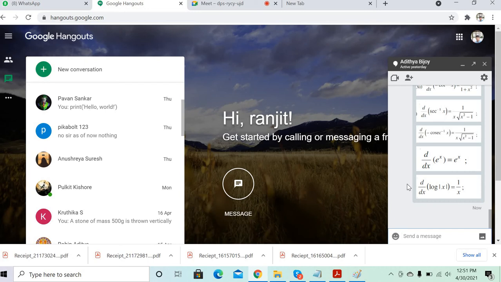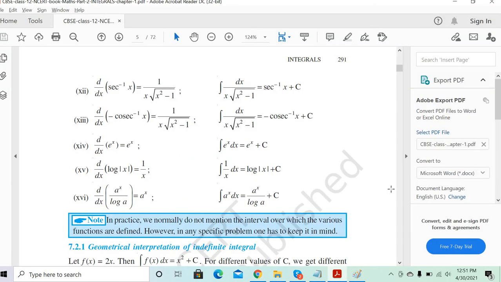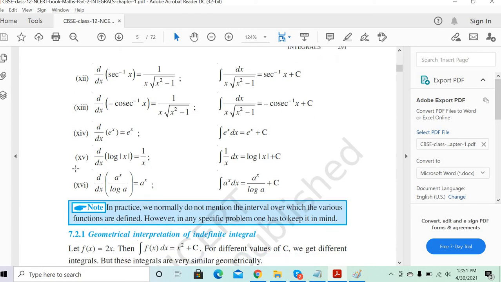So d by dx of log x is 1 by x. Clear this part? So integration of 1 by x we can directly put as log x. Clear?